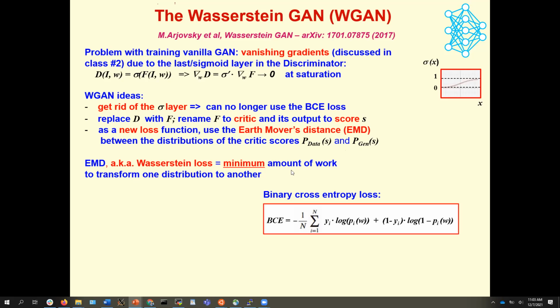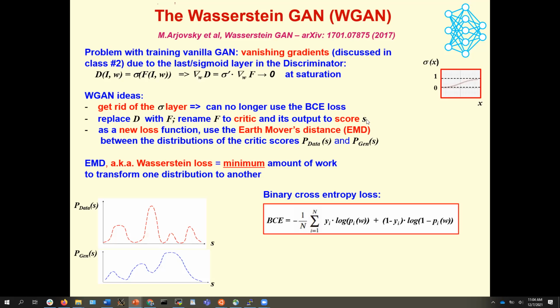It's defined as the minimum work required to transform one distribution to another distribution. Now I will describe how that minimum amount of work can be computed. First of all, we have two distributions of scores. How do we compute them? We can run the critic on a number of real images and produce a number of scores, one score from each image.